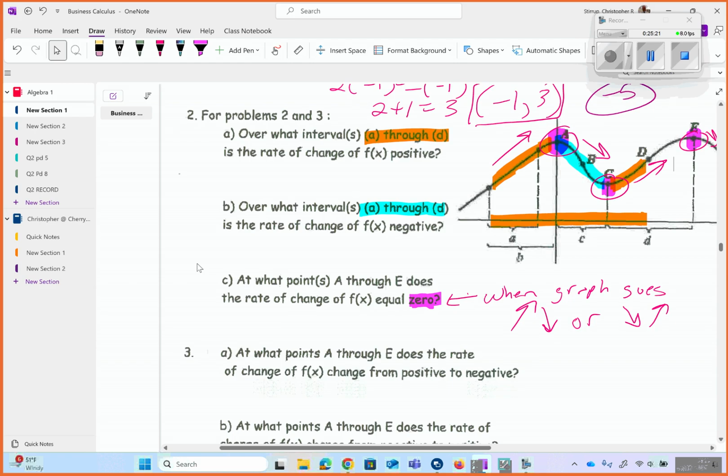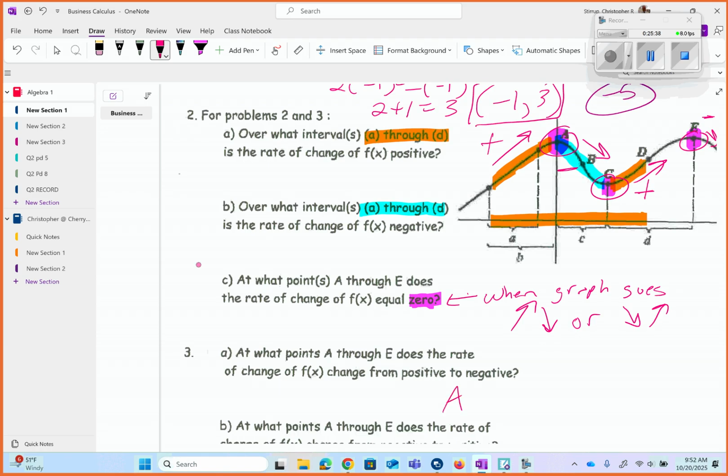And then where does it change from positive to negative? So this is a positive slope. This is a negative slope. This is a positive slope. This is a negative slope over here. So going up to down. Okay, so where does it change from positive to negative?